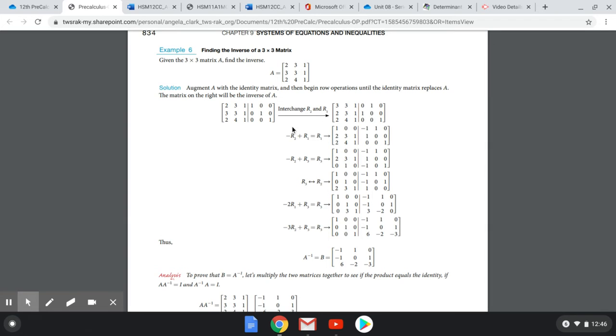Just because the book went with a certain strategy doesn't mean that's the strategy that you need to use. You could have just divided the whole thing by 2. But obviously this way avoids fractions, which is nice. But there's many ways to do this, and you'll end up getting to the same answer eventually.